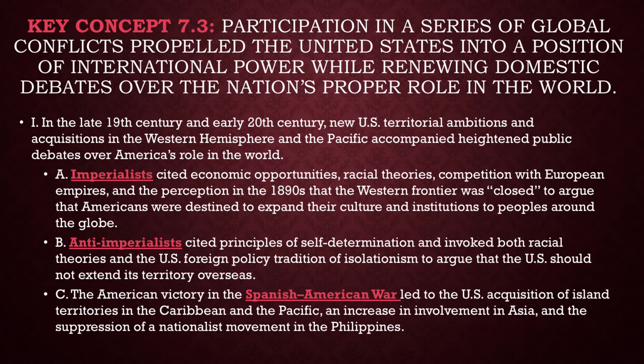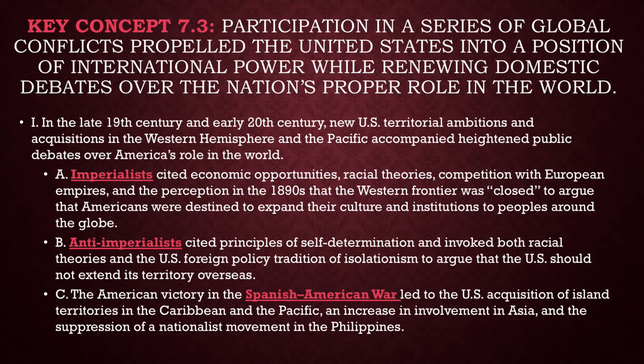7.3. Now, go over. They hide this later on in the key concepts, but participation in a series of global conflicts is happening at the same time we've got progressive liberal reform going on. And here it tells you participation in a series of global conflicts propel the United States into a position of international power while renewing domestic debates.